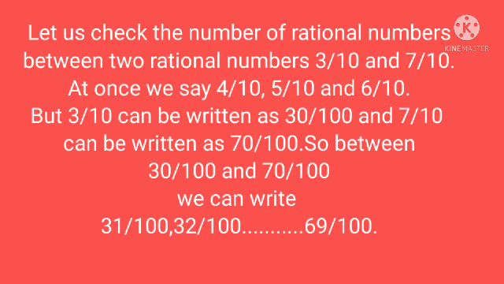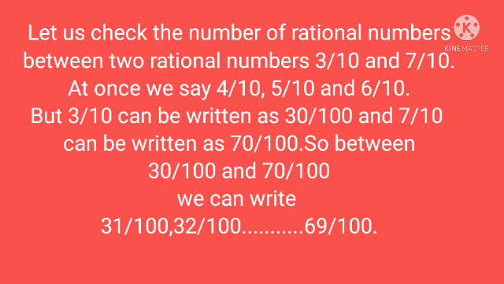Let us check the number of rational numbers between two rational numbers, 3 by 10 and 7 by 10. At once we say in between are 4 by 10, 5 by 10 and 6 by 10. But look, children, 3 by 10 can be written as 30 by 100 and 7 by 10 as 70 by 100.